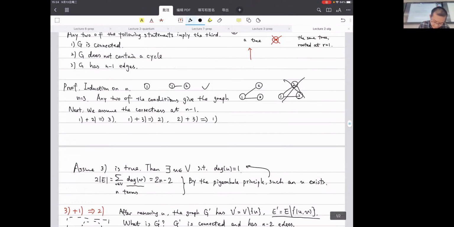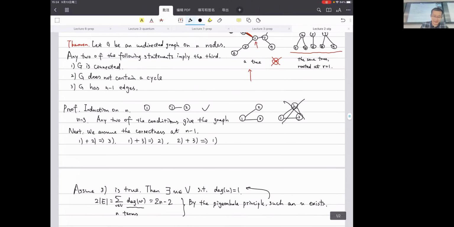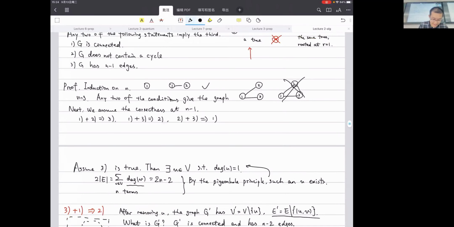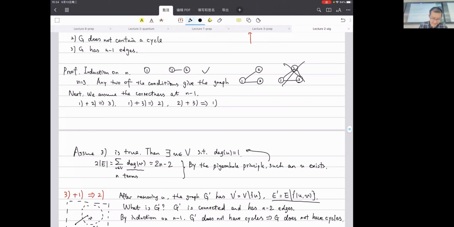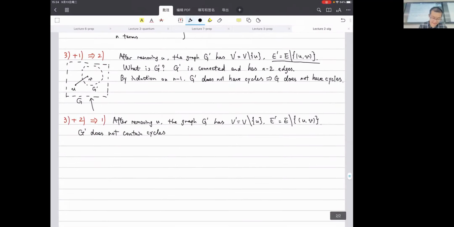Recall that when we want to show 3 plus 2 implies 1, we have the assumption that the current graph has n-1 edges and does not contain a cycle. If we delete a certain edge, for instance the edge between U and V, deleting an edge does not create any cycle. So as long as the original graph G does not have any cycle, G prime does not have any cycle.